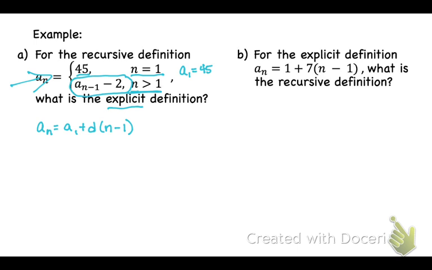So the thing I needed was a sub 1 and d, yes? So what is a sub 1? 45. And what's d? Negative 2. How do we know it's negative 2? Because it says you're minusing 2. Okay, so write me a definition then.